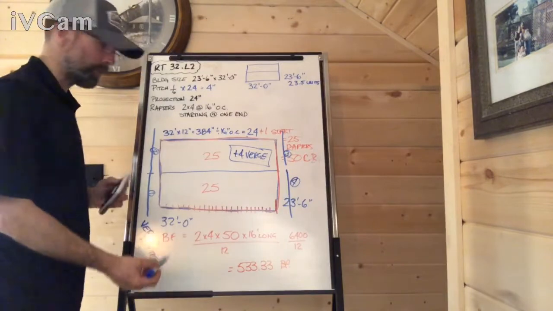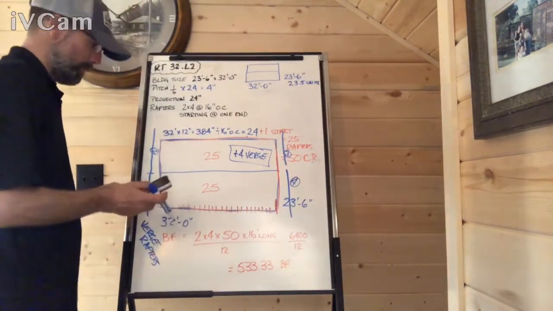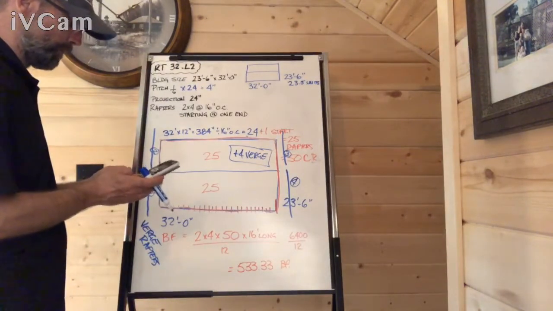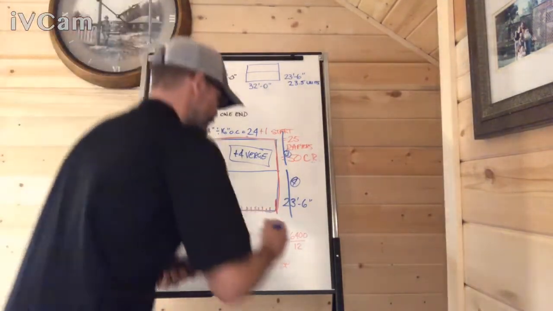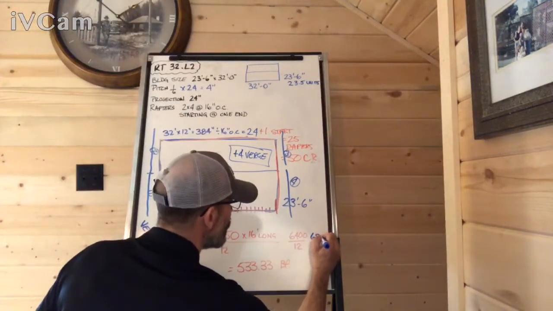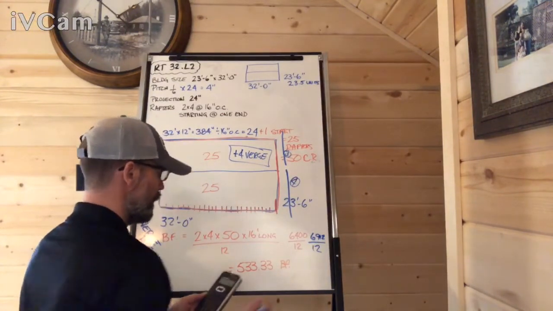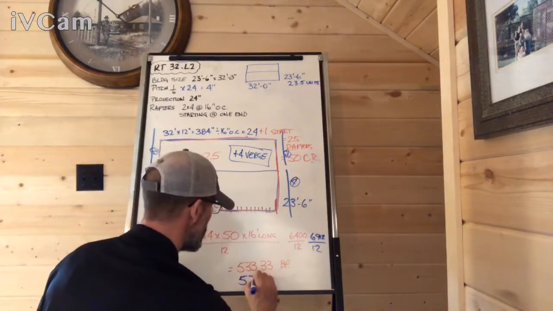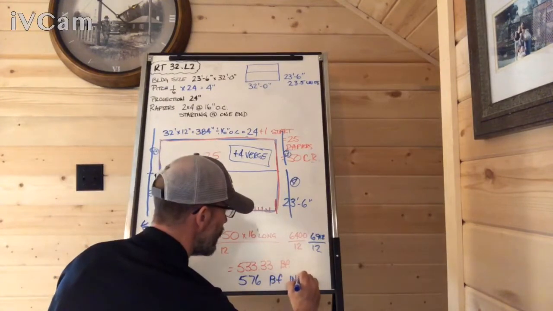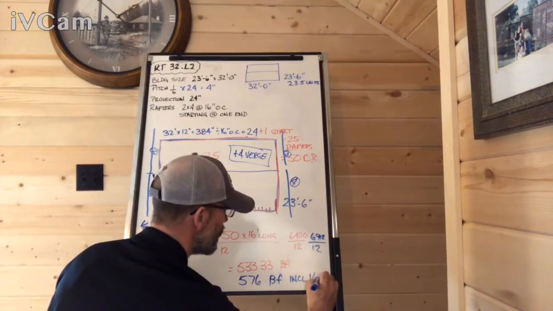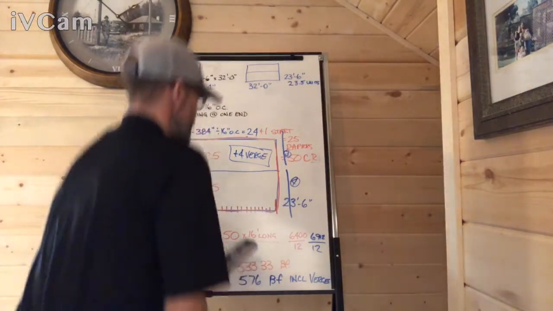Now let's go with 54 rafters, 16 feet long, divided by 12. 2 by 4 by 54 with my verge, times 16 is 6912. 6912 divided by 12 gives me board footage: 576 board feet, including verges.